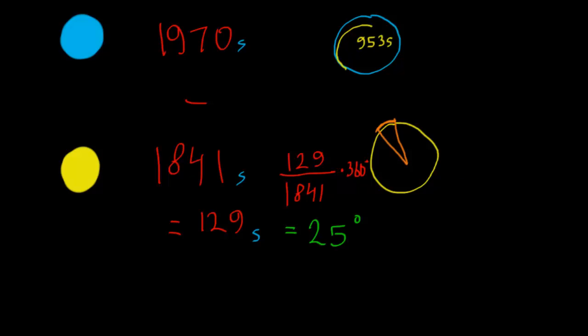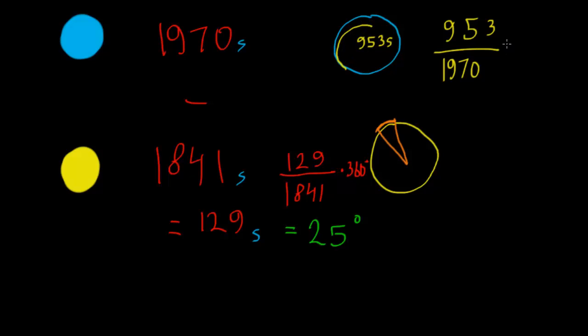Now we also know that it takes the blue spaceship, the top spaceship, 1970 seconds to orbit. So what we're looking for here is the ratio of 953 to 1970, which will give us the ratio of the orbit that this spaceship will make in the time it takes for the yellow spaceship to arrive to it.